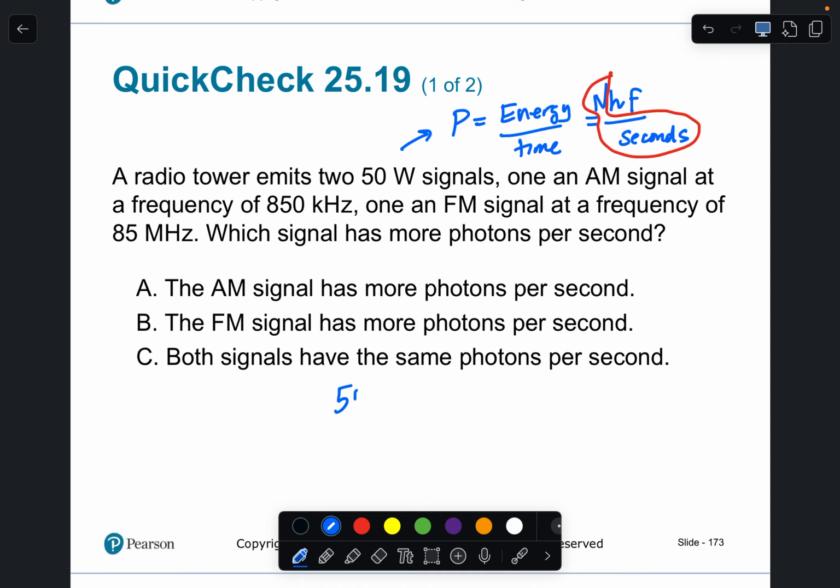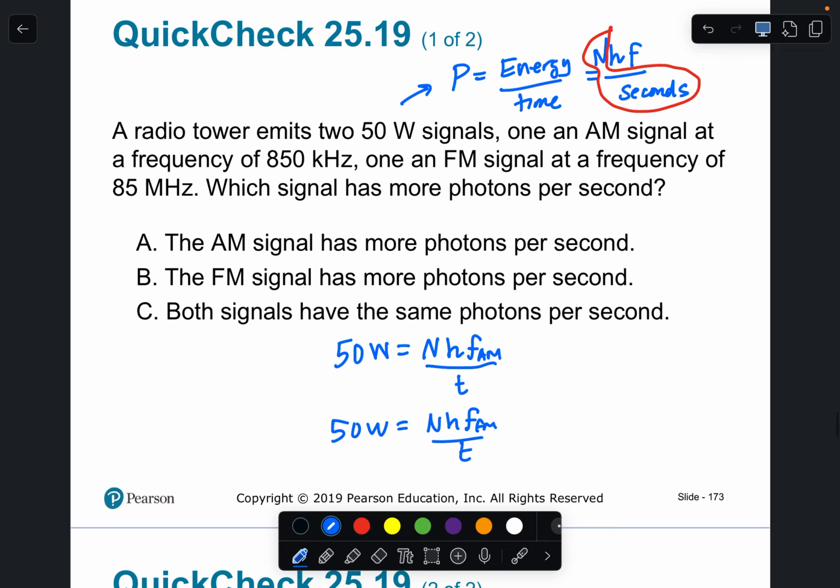So we have 50 watts equals N h f_AM over time, and 50 watts equals N h f_FM over time. Our AM frequency and our FM frequency, one is bigger than the other.